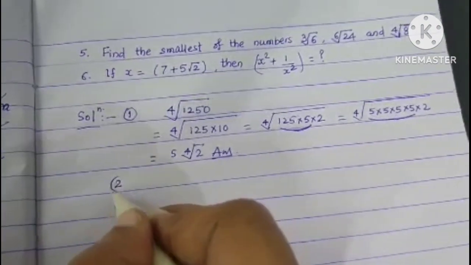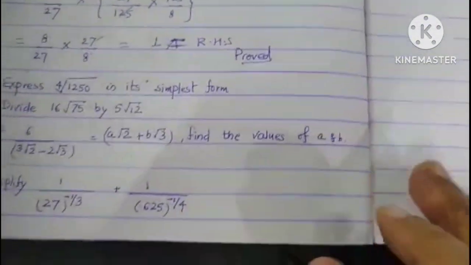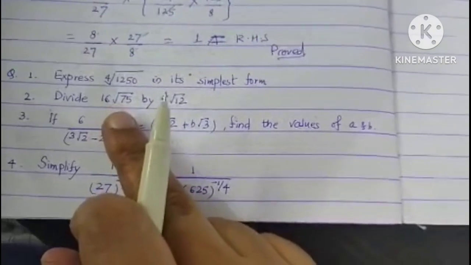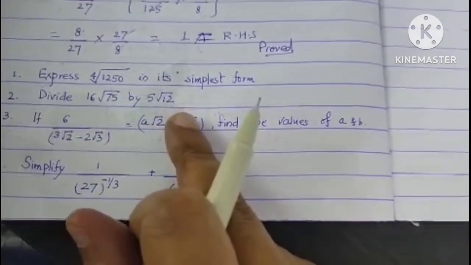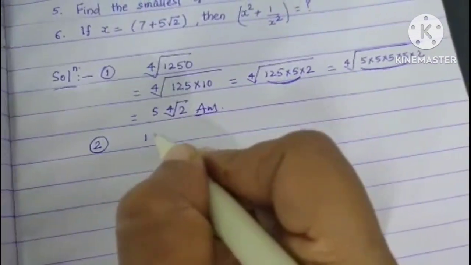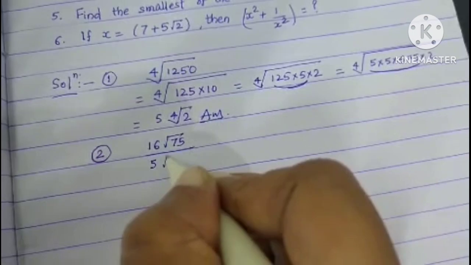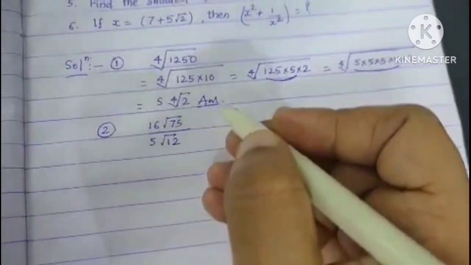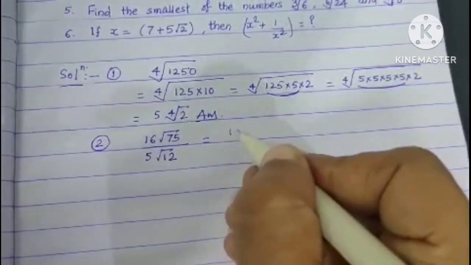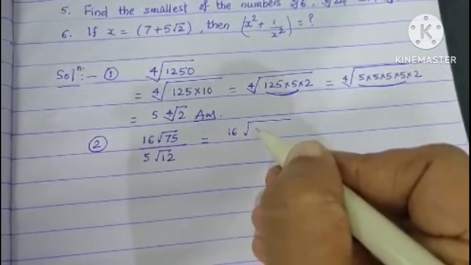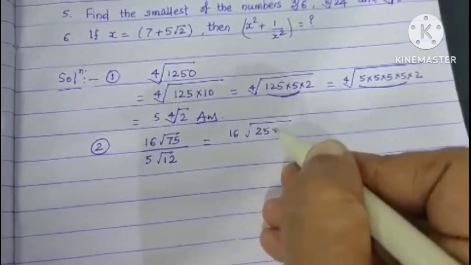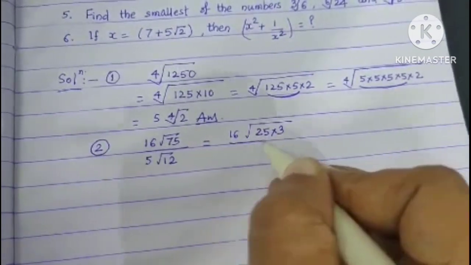Now number 2 question was, divide 16 root 75 by 5 root 12. Okay, 16 root 75 divided by 5 root 12. We need to simplify it. 16 and root 75 we can write 25 multiplied by 3, 75.